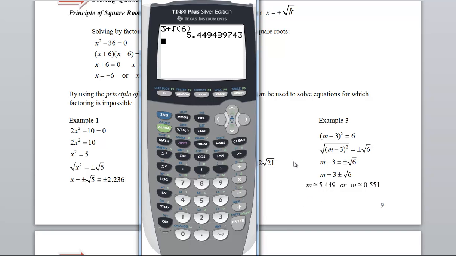Now, I don't really need to type in 3 minus the square root of 6. Remember, if you do second enter, and cursor back in, change that to a negative. You don't have to cursor out, just hit enter, and there's my other one. So you need to try some of these problems and see how they go, okay?